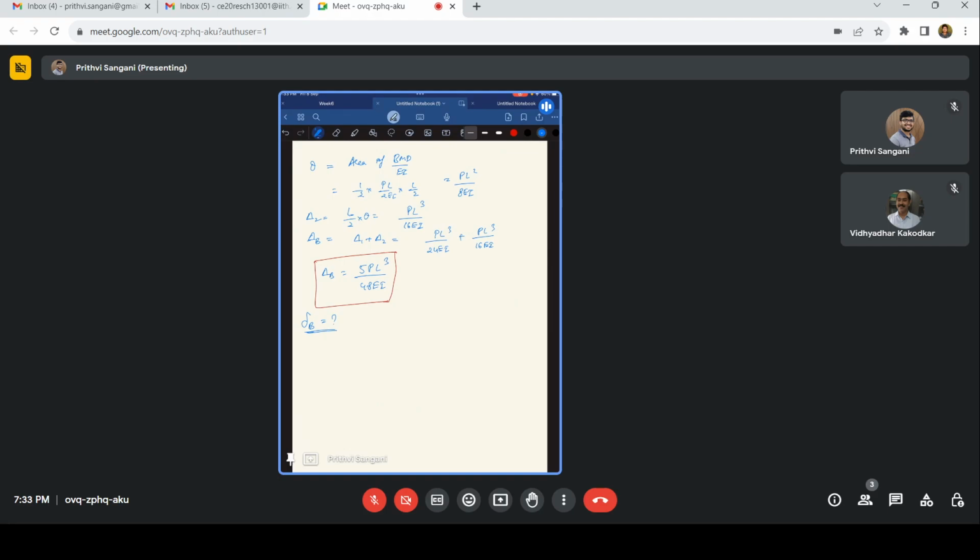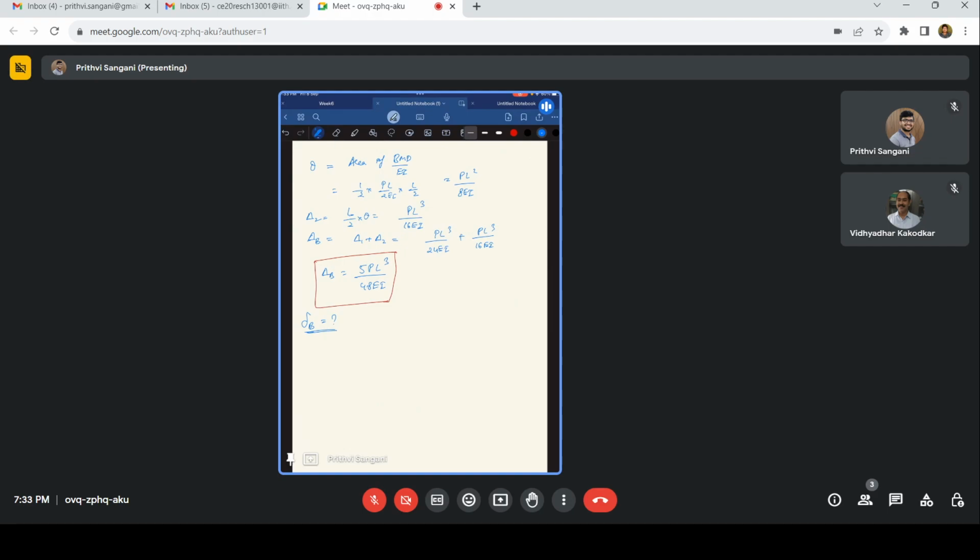We'll compare it with the case without support settlement. What happens if there is no support settlement? So this is with support settlement, and without support settlement, VB is W L by 2, and MB is W L square by 12.